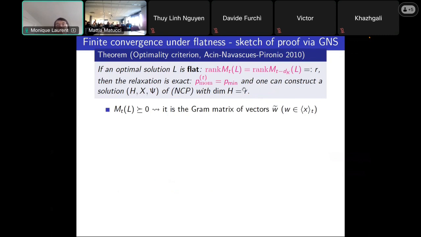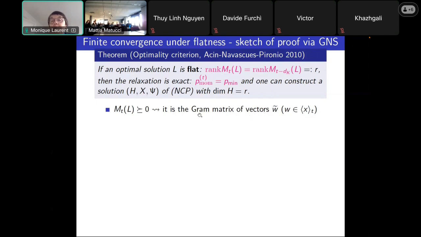So first thing, one of the constraints was that L was non-negative on sums of squares. In other words, the moment matrix of L is PSD. This moment matrix is indexed by non-commutative monomials up to degree t. If you have a matrix which is PSD, then it is the Gram matrix of a system of vectors.